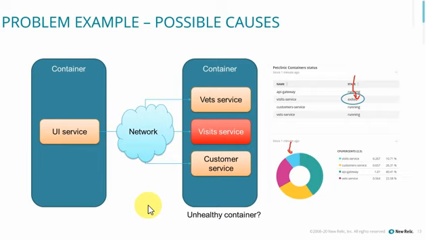Let's see, perhaps here, let me admit that. Anyone have an idea what may be the problem here? No, it's not working anymore, right? So we don't have this container working anymore.